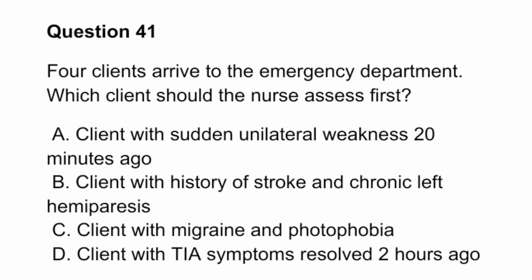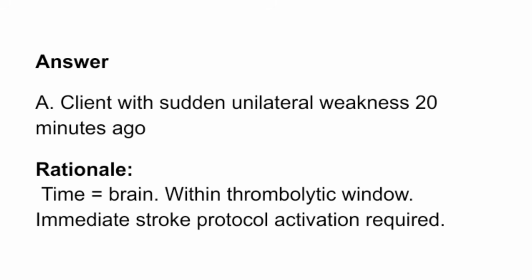D. Client with TIA symptoms resolved 2 hours ago. Answer: A. Client with sudden unilateral weakness 20 minutes ago. Rationale: time equals brain. Within thrombolytic window. Immediate stroke protocol activation required.